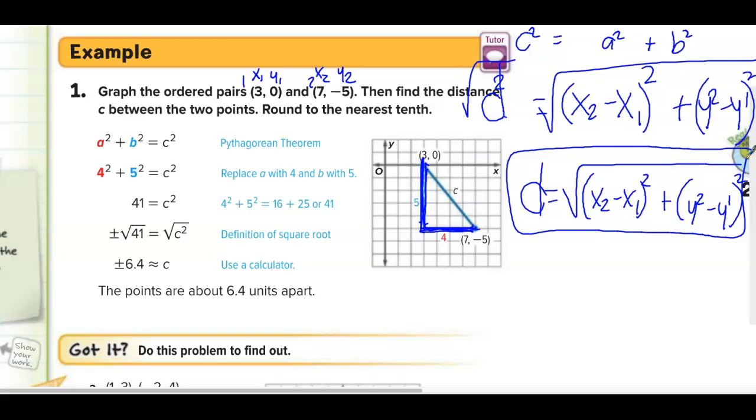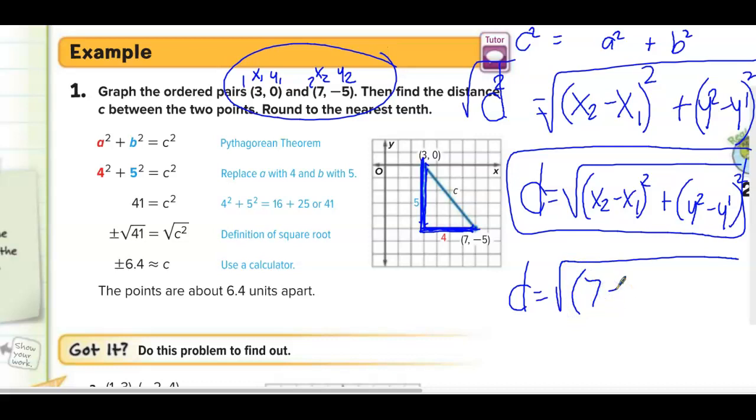So if I wanted to solve the same problem and double check that I get the same answer, what would I substitute in for x2? So going back up here to this problem, what is x2? 7. Minus, what's x1? 3. Quantity squared. Plus, what's y2? Negative 5.